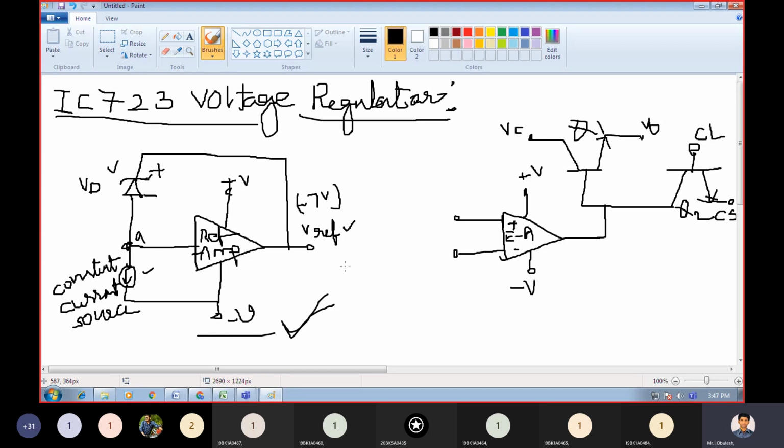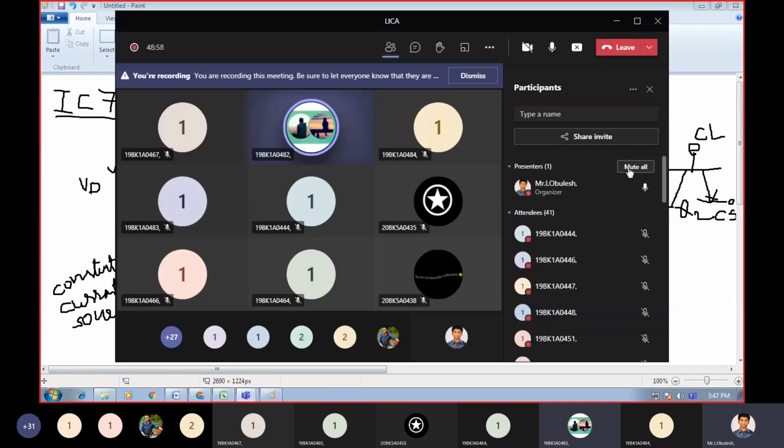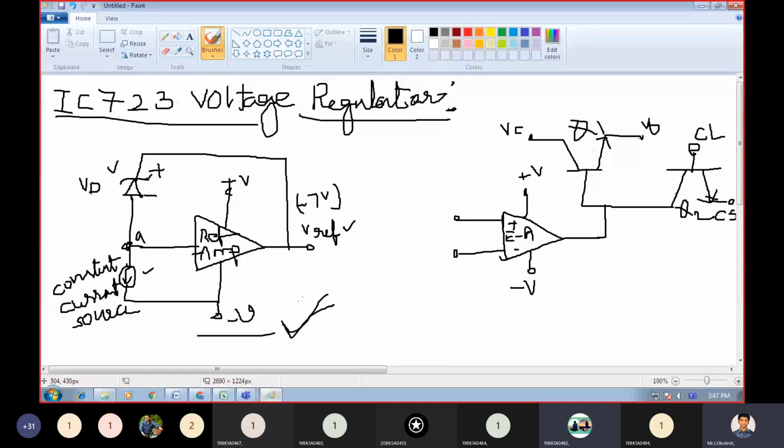This constant current source forces the Zener diode to operate at a fixed point so that the Zener diode output is a fixed voltage.